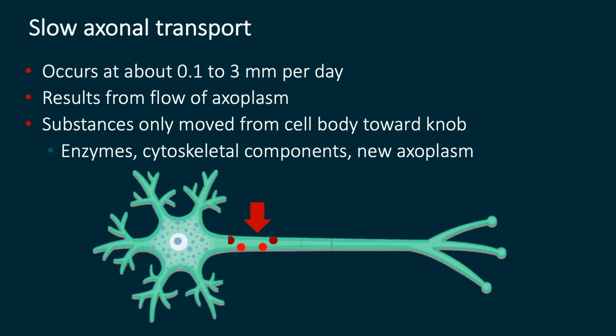Recall that axoplasm is just the cytoplasm of the axon. And another difference is that substances are only moved from the cell body or soma towards the synaptic knobs. Unlike fast, which has both anterograde and retrograde, now we have only anterograde transport. And this is going to move things such as enzymes, cytoskeletal components the cell needs, as well as just new axoplasm itself.